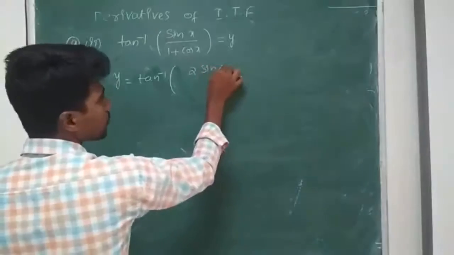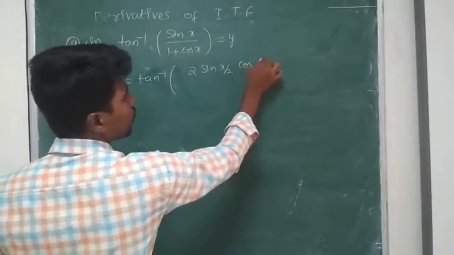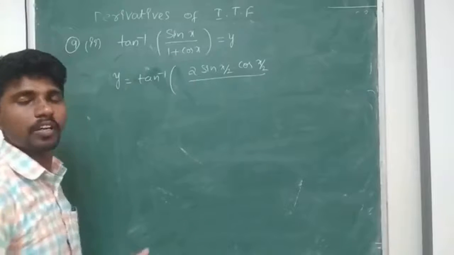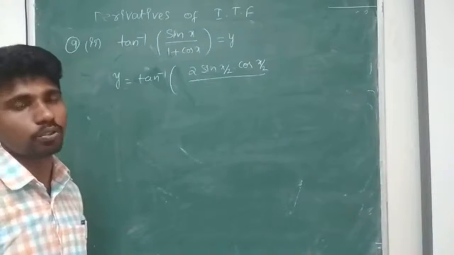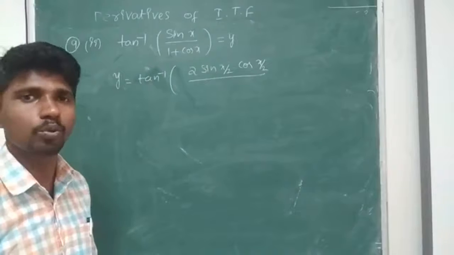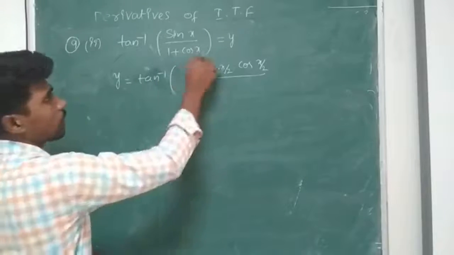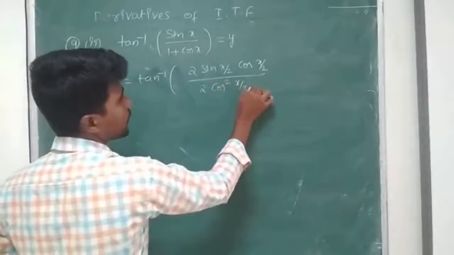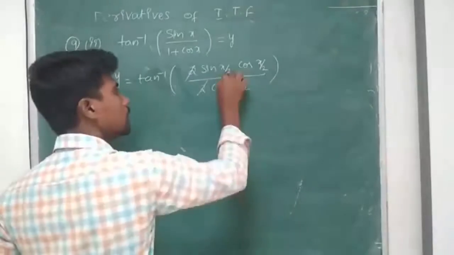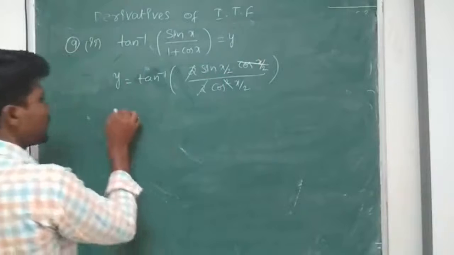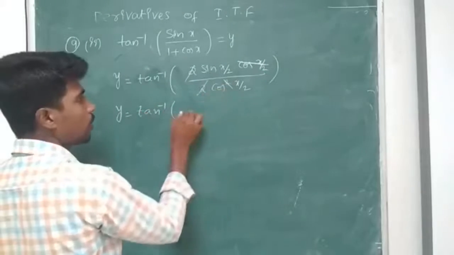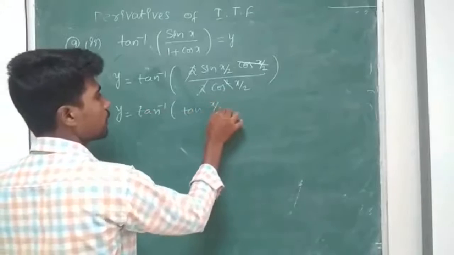2 sin x by 2 into cos x by 2 by 1 plus cos x. If you have a plus, it's 2 cos square. If you have a minus, we get 2 sin square, right? 1 plus cos x can be written as 2 cos square x by 2. 2 and 2 gets cancelled, square and cos gets cancelled. We get y is equal to tan inverse of sin by cos, tan x by 2.